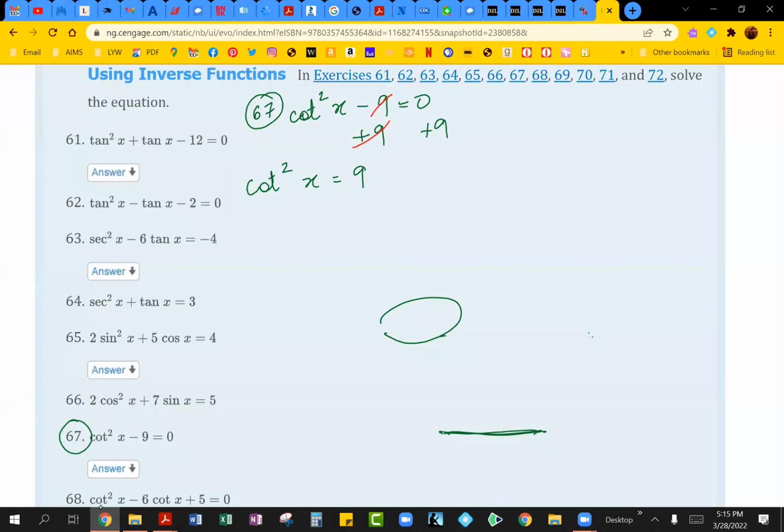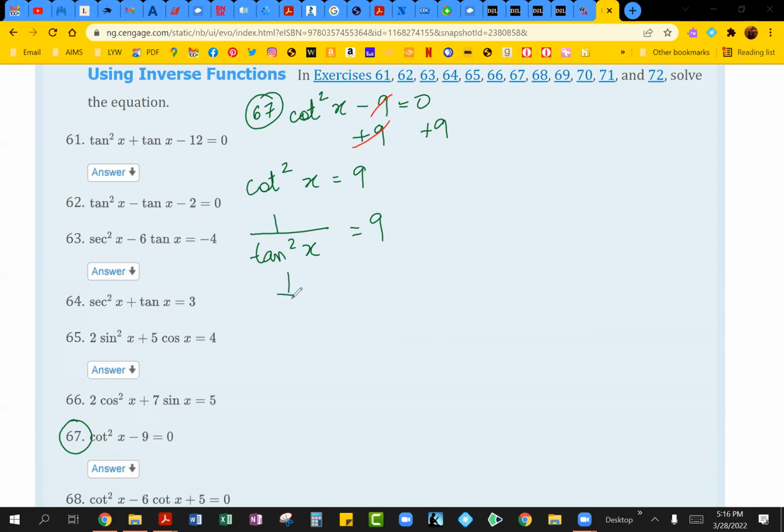But I would actually start out with writing this as 1 over tangent squared of x over 9. And the reason we are doing that, and you could do it with cotangent here, but it'll be easier with tangent. Again, using simple algebra, you can use cross multiplication to switch those places out.